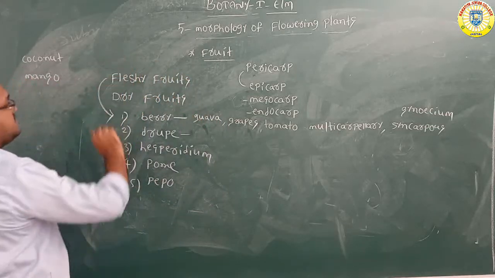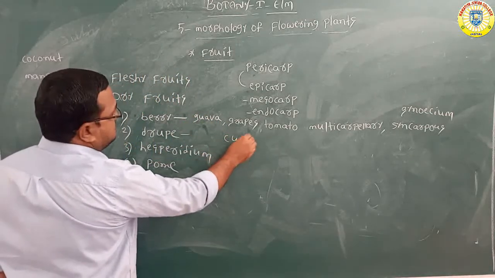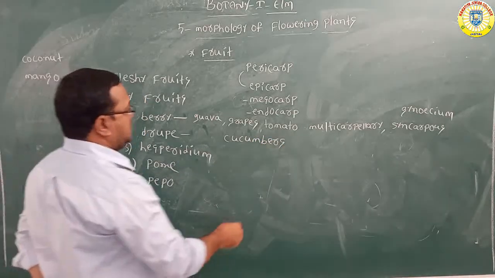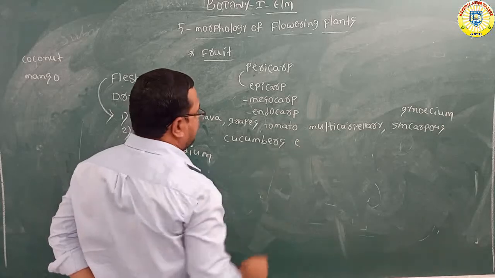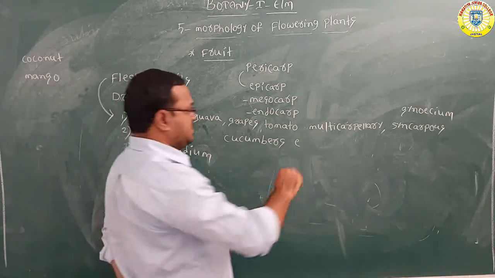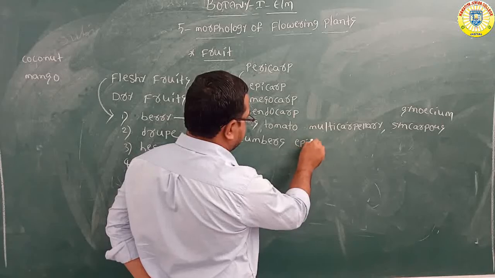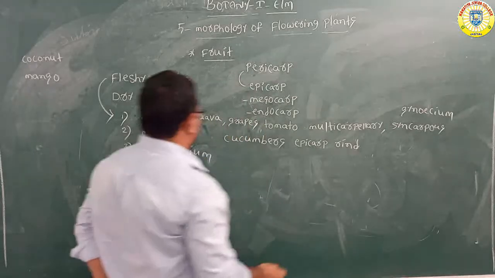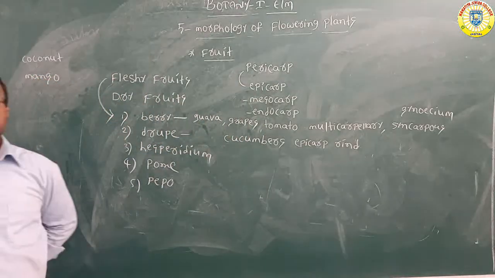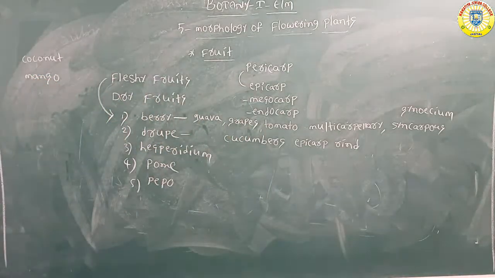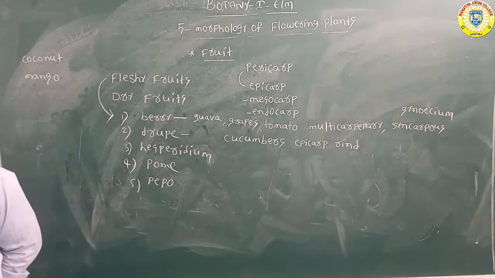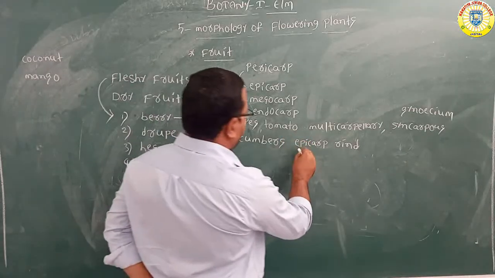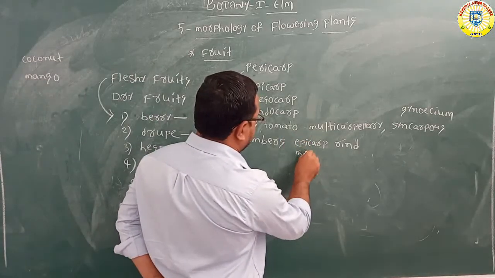In cucumbers, the epicarp is rind, meaning a hard structure, and the mesocarp is fleshy.